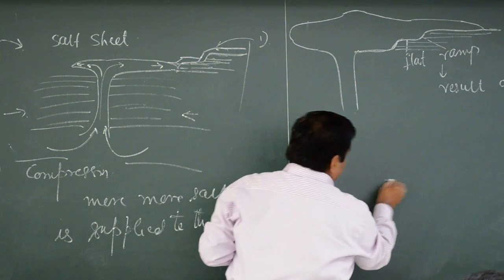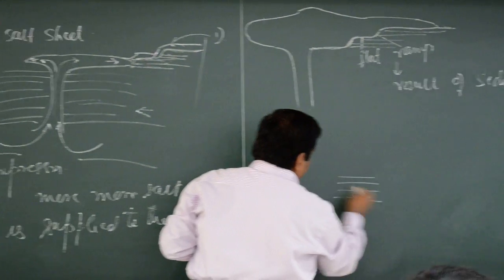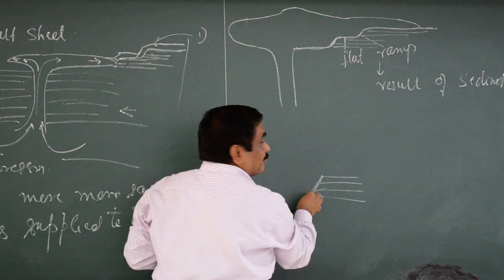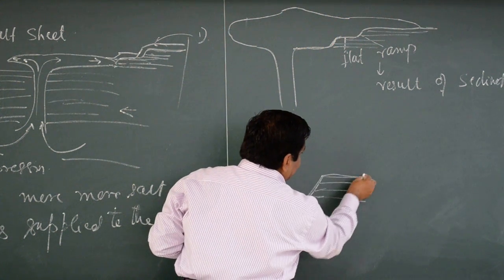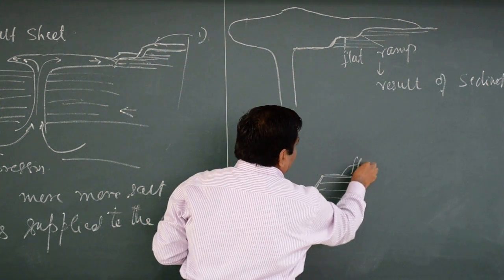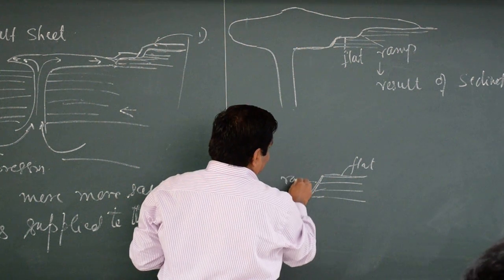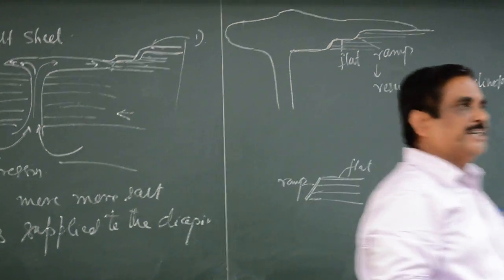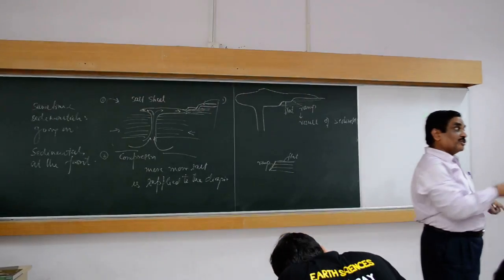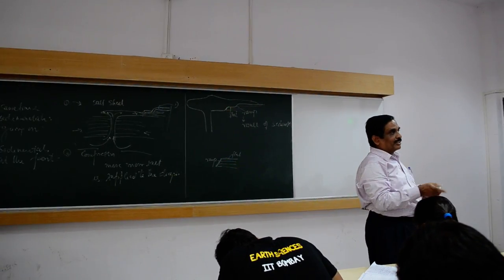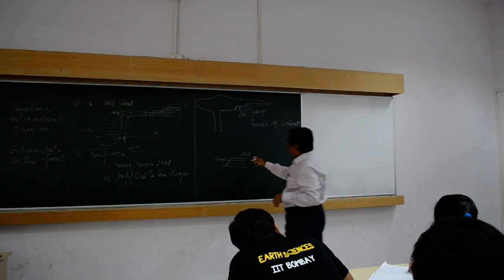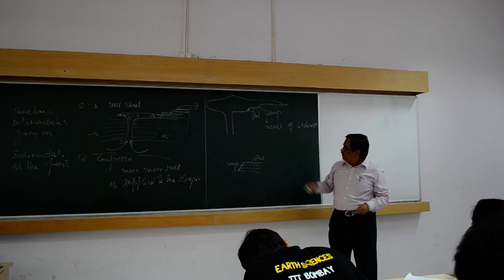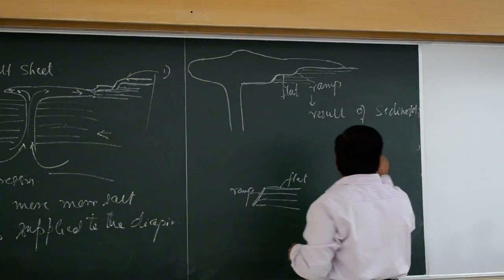If this salt base is like this, it is a ramp. The salt spreads like this, this is a flat, this is a ramp. The same terminology is also applied to thrust. We will read it. So with respect to the surrounding beds or surrounding structures, you have to discuss whether it is a flat or a ramp. Understand that? Suppose I gave you some beds like this.